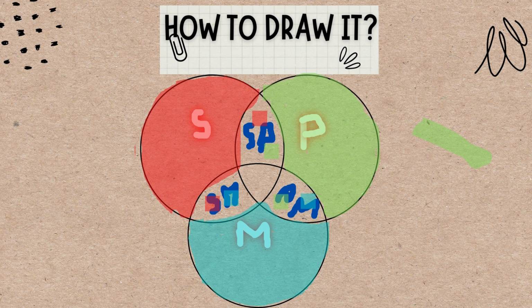The middle region is a mix of S, P, and M. So in the middle part we have SPM, to the left we have SM, to the right we have PM, and at the top we have SP. With the help of an example, we will understand how to draw it easily.